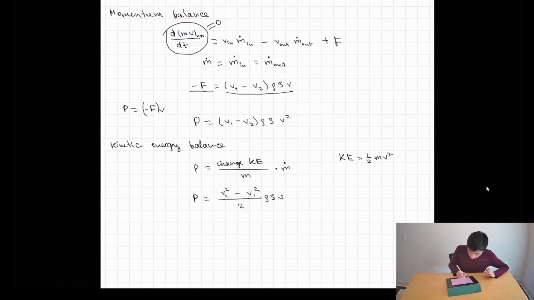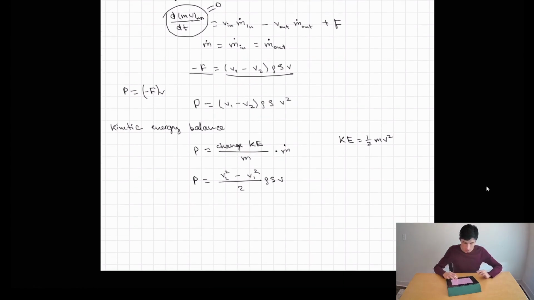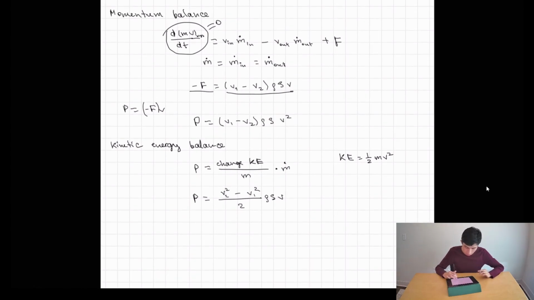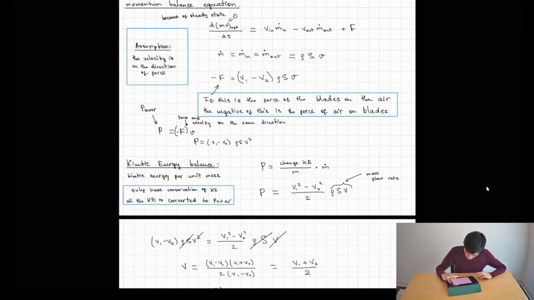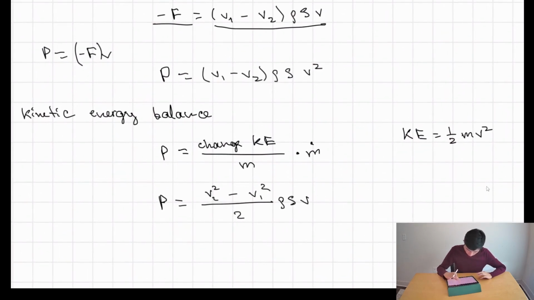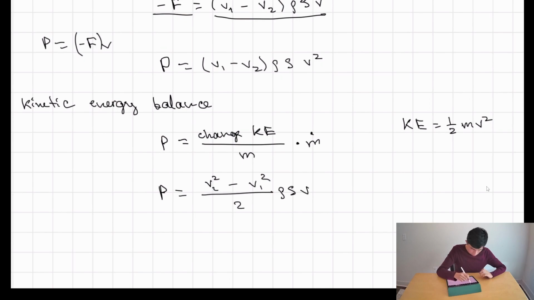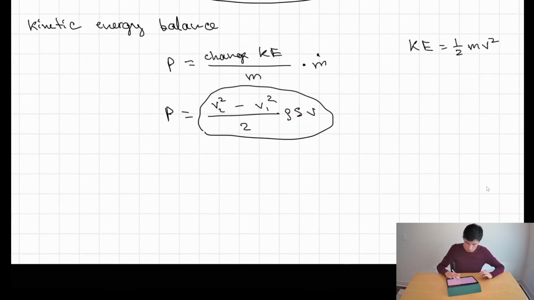Okay, so this power here is equal to this power, right? So what we're going to do now is make these two equations equal to each other. So we're going to consider this and this equation, right?